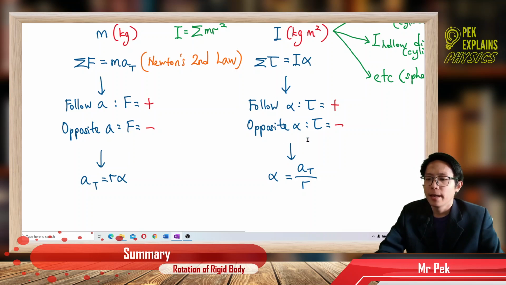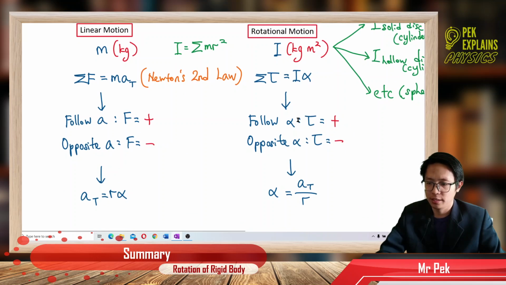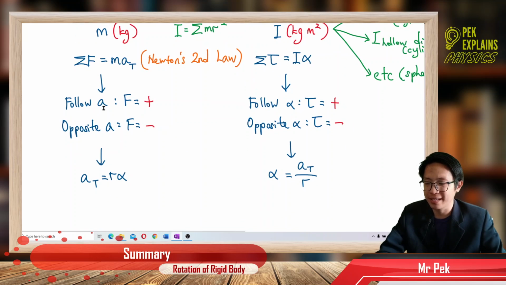And for rotational motion, same. Since acceleration now is alpha and force is torque, the torque that follows the angular acceleration alpha will be positive. Torque that is opposite to alpha will be negative.